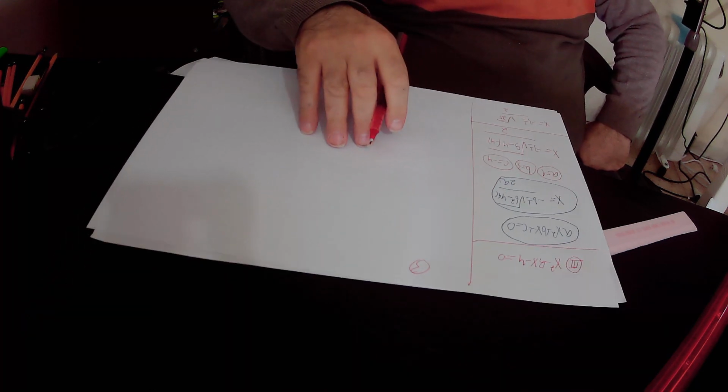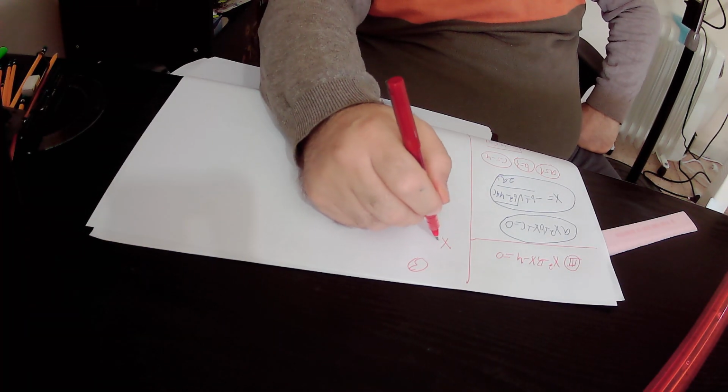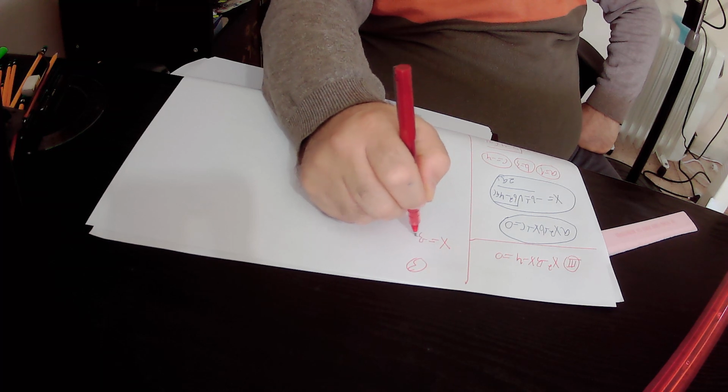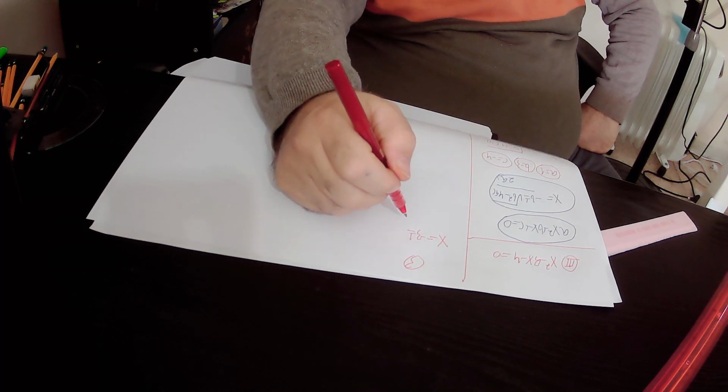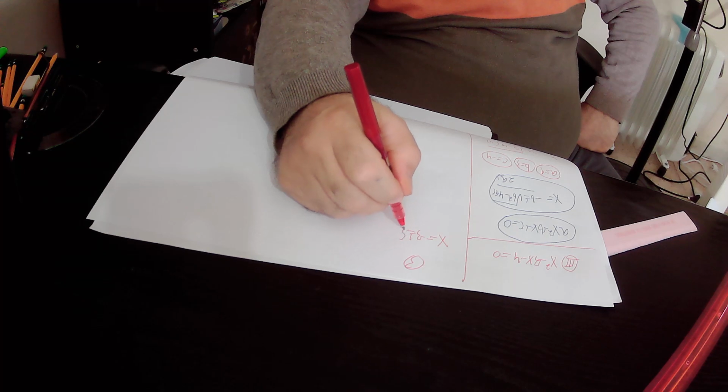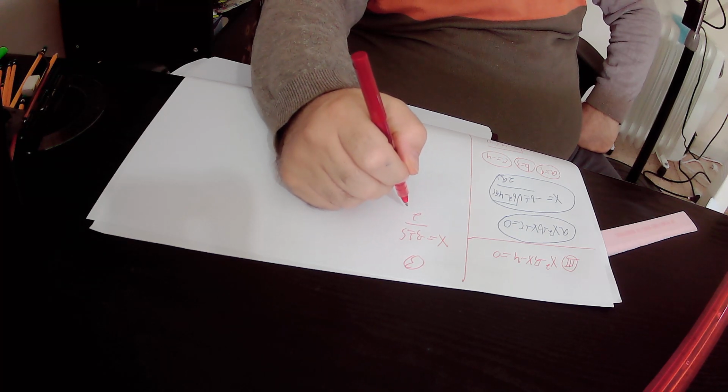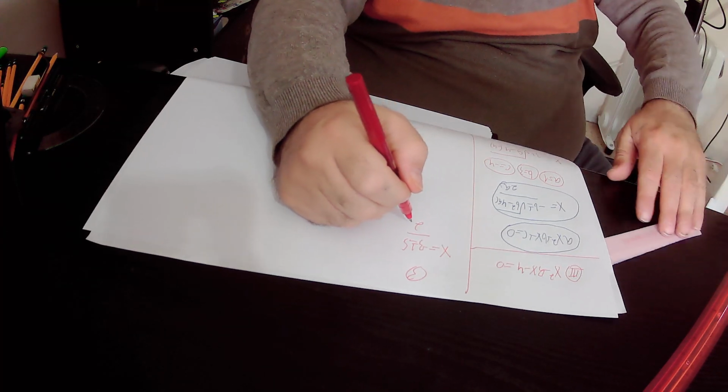So we actually got that x equals minus 3 plus minus the square root of 25, which is 5, over 2. So here we have two solutions that are possible for x.